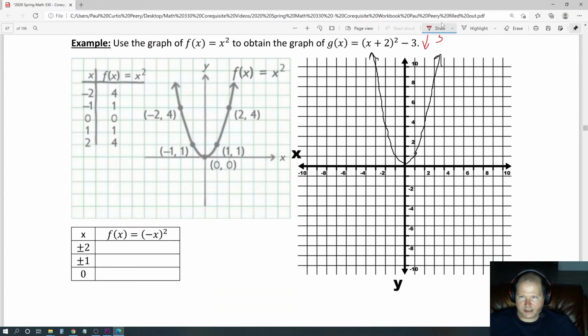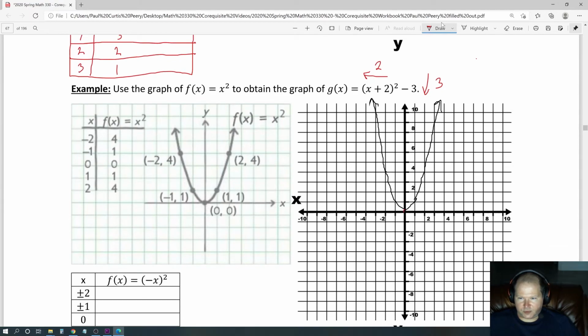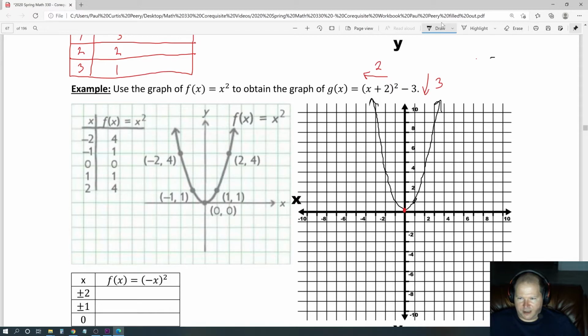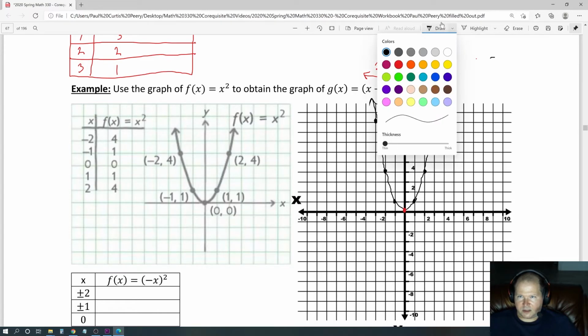So these points should move. There was originally a point there, there, and there, as well as here, here, and here. So I should just be able to shift those.